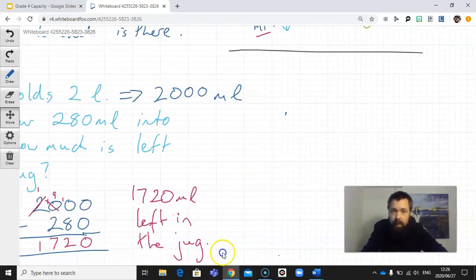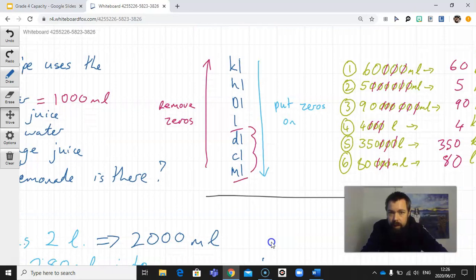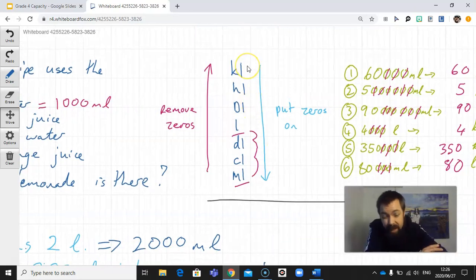That's the one that's going to come up the most often. The other ones are maybe kiloliters, but mostly it's going to be liters and milliliters. So being able to convert between those. And when you get a problem that has both, before you start working with the numbers, you need to make sure that they're both liters or they're both milliliters. So you've got to make sure you're using just one kind of unit when you get down to the maths of your problems.